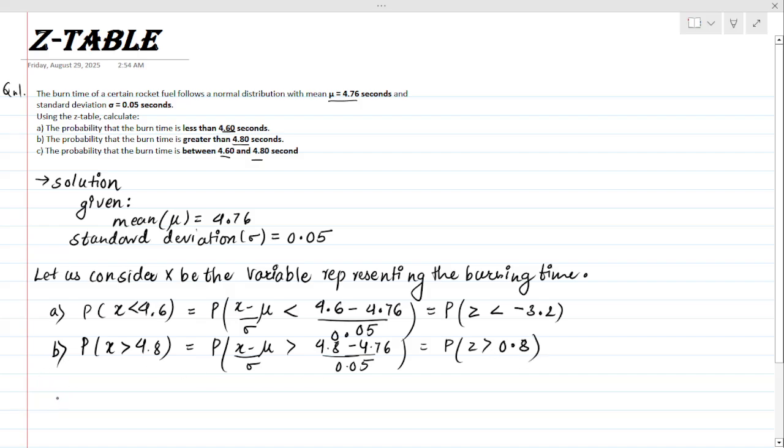And the last scenario is the probability between 4.6 and 4.8.